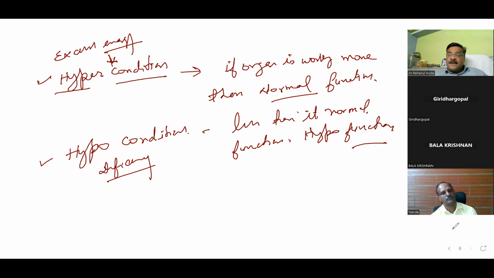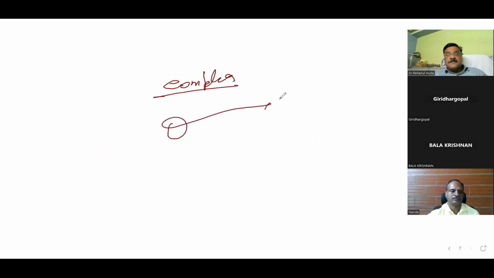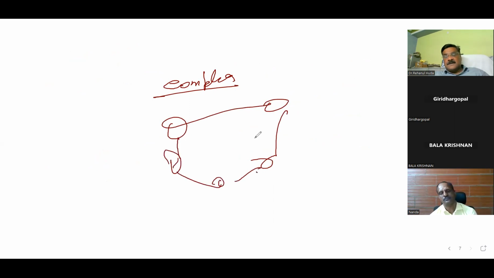And our body is a complex body. So all the organs are linked with each other, and they directly or indirectly affect other organs too.